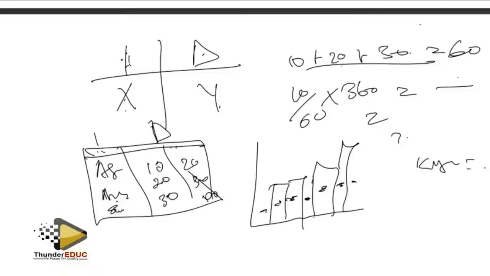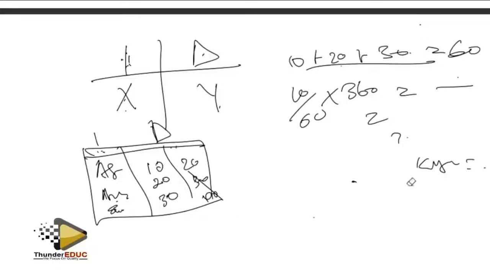Then, if it is a line graph, it is a little bit different. Because a line graph, you have to first plot one by one. Line graph, this and this. But in most cases, to get a line graph, you have to work with the figures. Maybe 10, 30, 40.